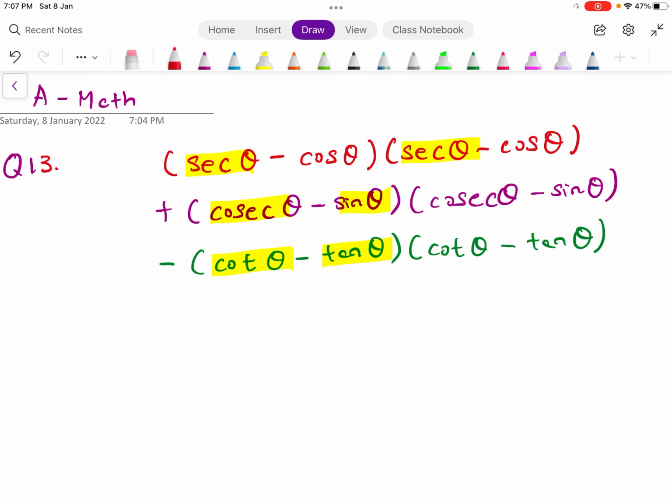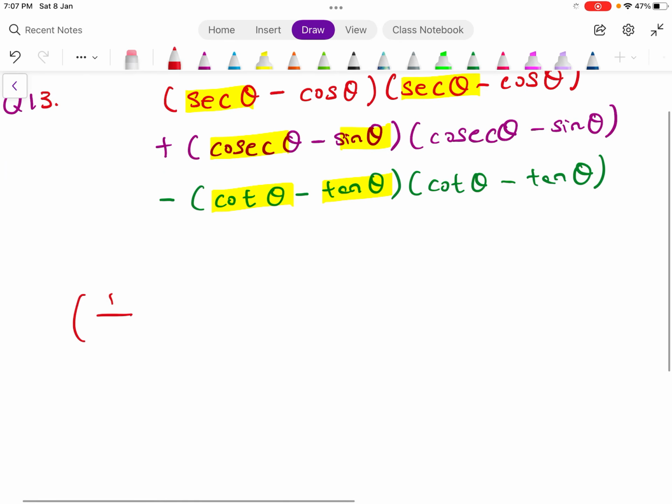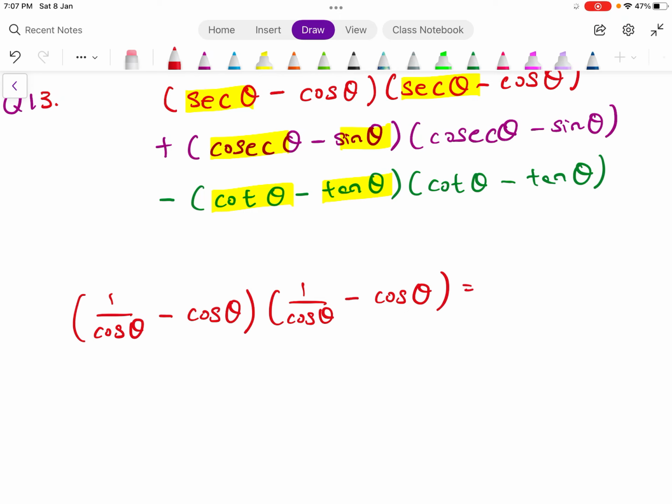Alright, so let's do the red bracket first. I just put here 1 over cosine theta minus cosine theta, in brackets, squared. So I do my expansion. The first term should be 1 over cosine square theta.